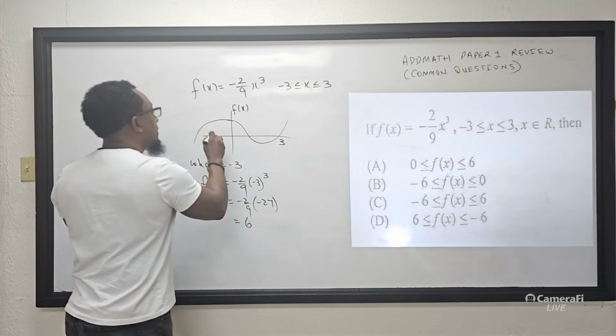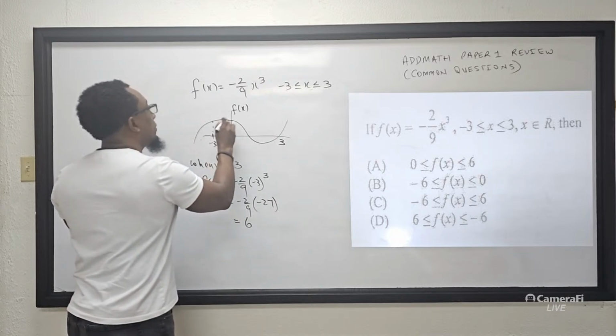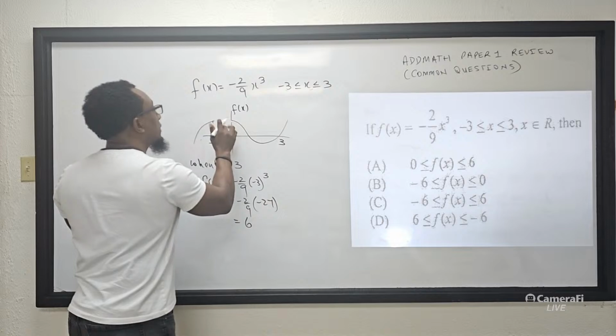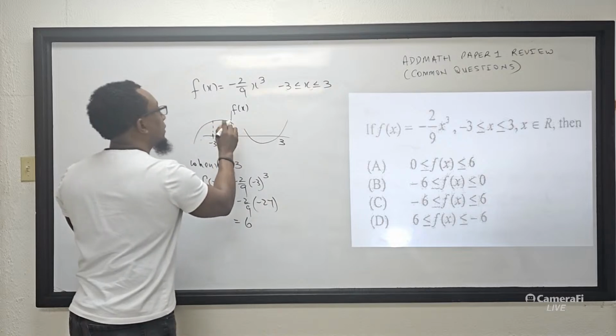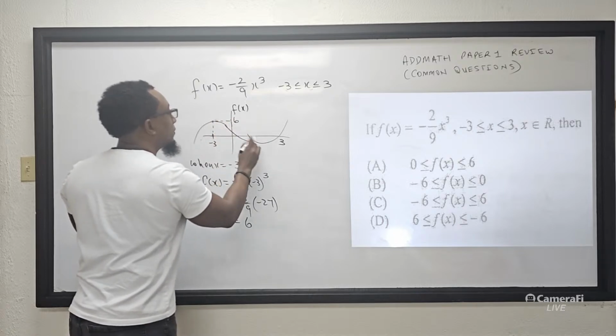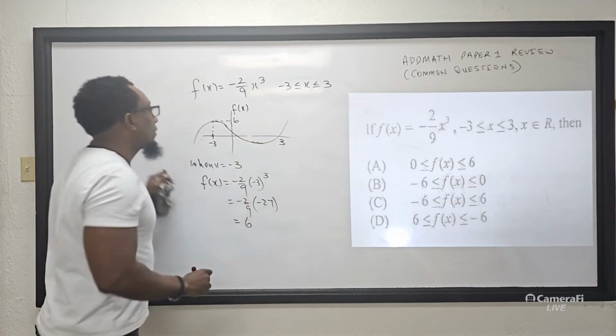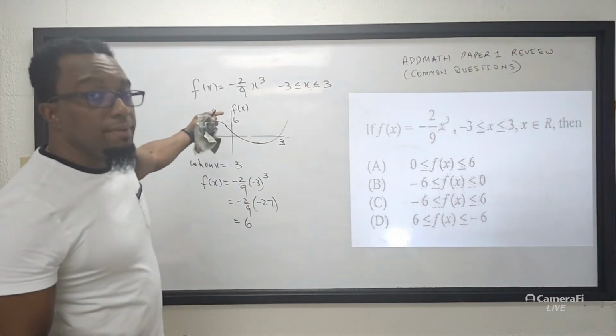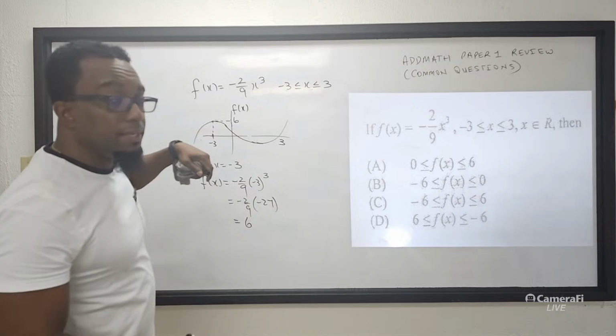So when x is negative 3, the corresponding y coordinate is 6. Alright, so when x is negative 3, the highest value on the y-axis is 6.